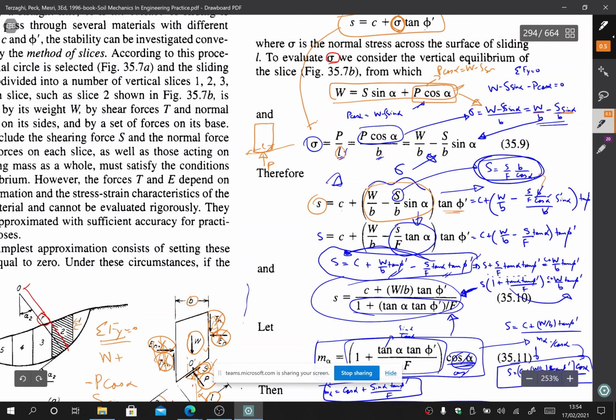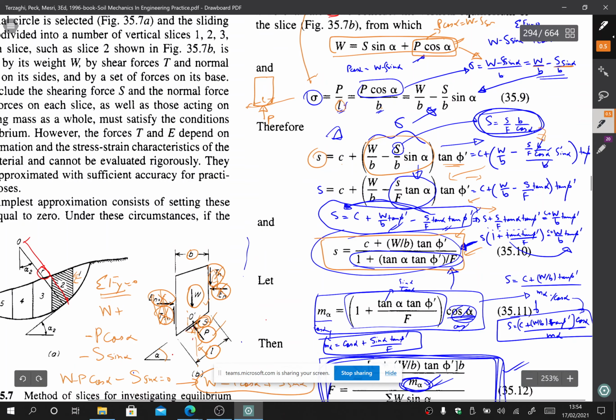Place that value here and then plug in. Okay, and then after doing solutions, I have done all that solution here, some steps were missing, so you can have a look at them, and eventually we will get this expression for the factor of safety, that is equal to C plus W over B tan phi dash over 1 plus tan alpha tan phi dash over factor of safety.